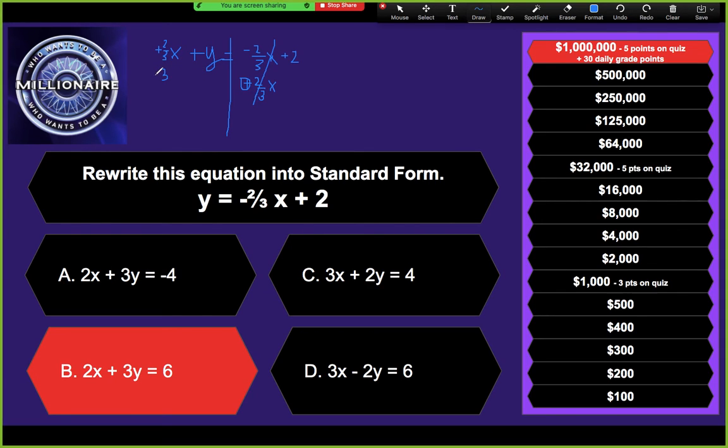Times 3 here, times 3 here, and times 3 over here. When I do that, these 3's are going to cancel, and you're just left with 2x plus 3y equals, and 3 times 2 is 6. So that was it. You don't have to switch anything else. That's how we got this answer.